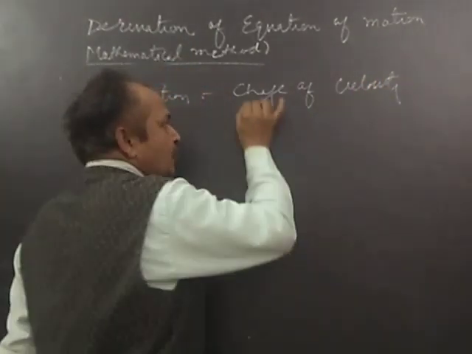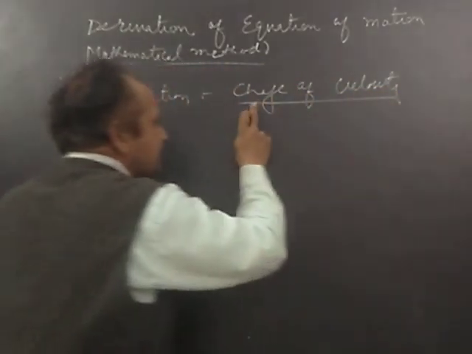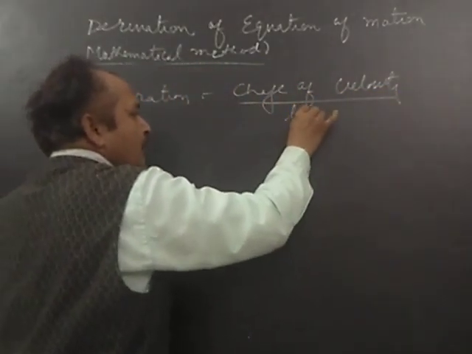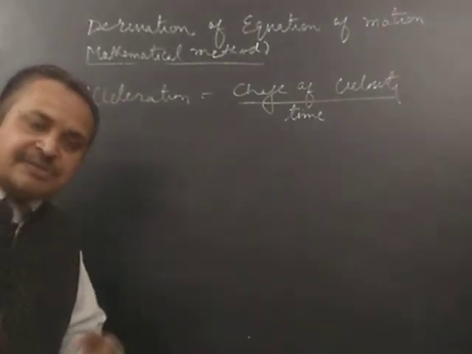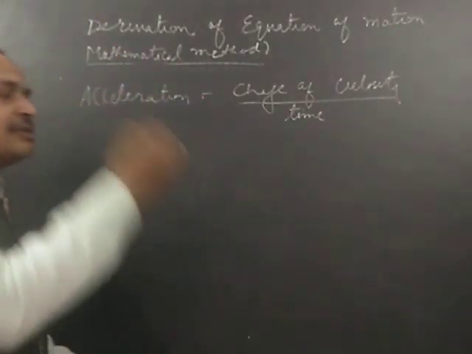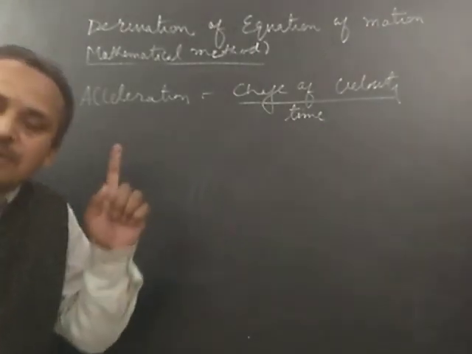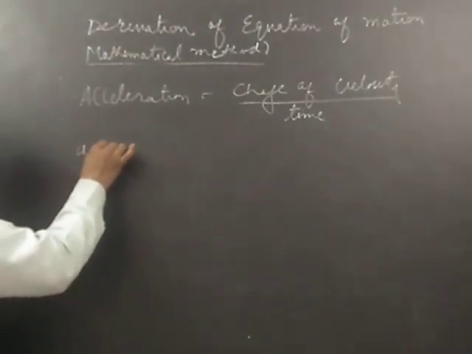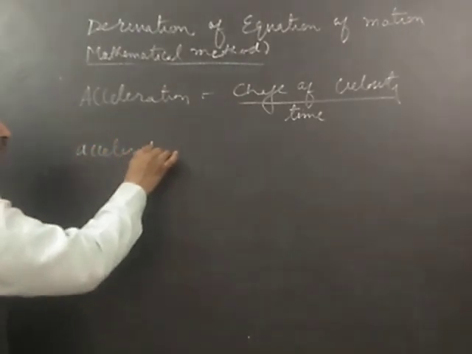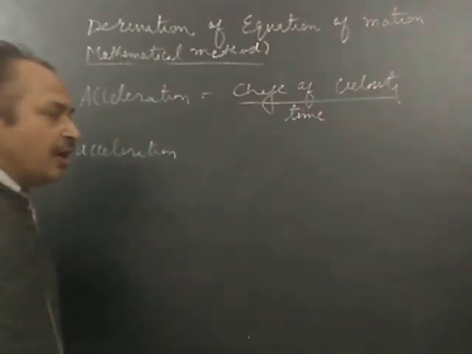Rate of change of velocity means change of velocity divided by time; when we say rate of change, that means change per unit time. Acceleration, and what is the change of velocity?